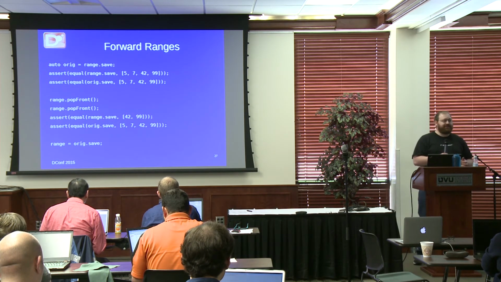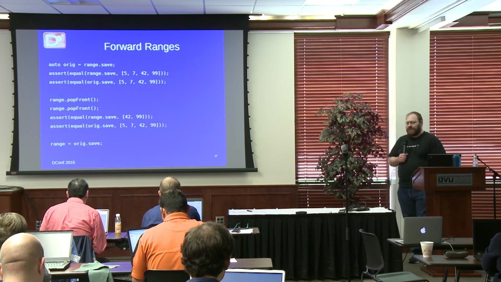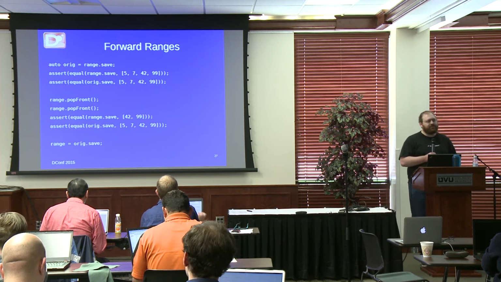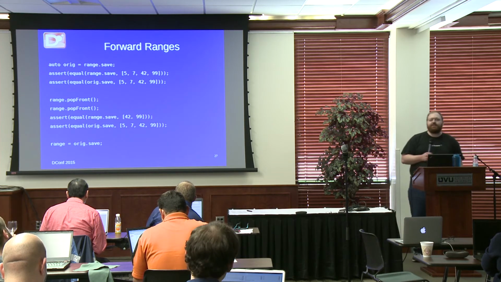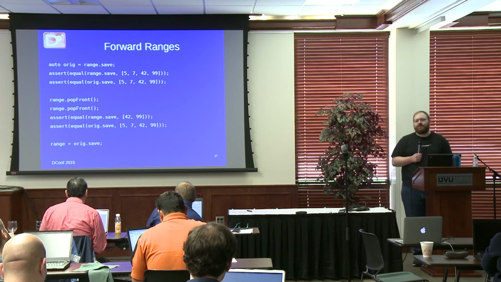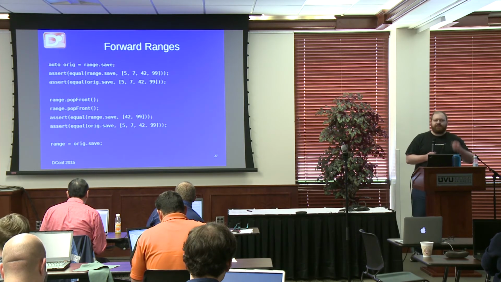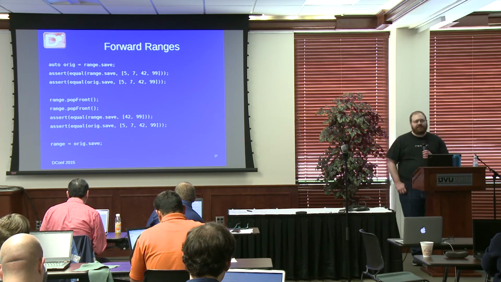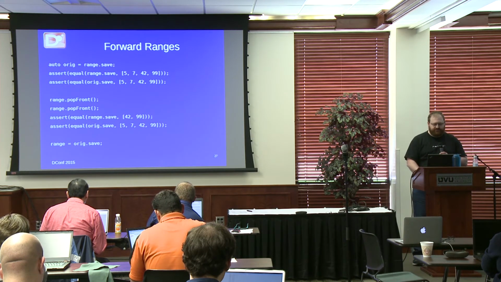So you can have input ranges that are completely unsavable and you can't back up, which is why we have these traits like isForwardRange and isInputRange to be able to test in functions with template constraints to verify that they will work with the type in question, that they have the properties and functions that you expect in your implementation.